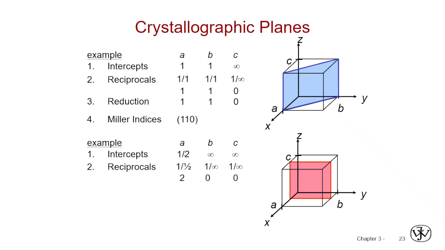Here we are getting 1 by 2 as the intercept itself. If you take the reciprocal of 1 by 2, we get 2 by 1, which is 2. That's what we get here, and then it is 1 by infinity and 1 by infinity.